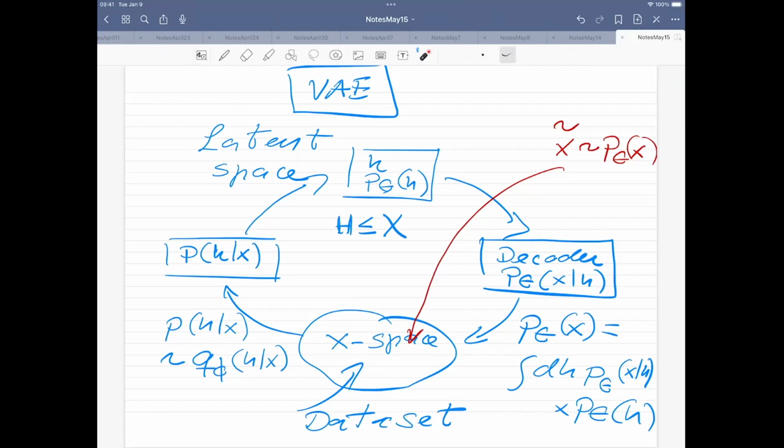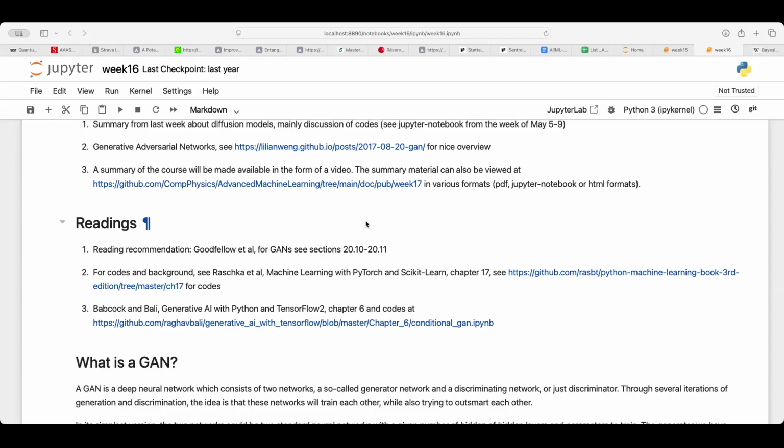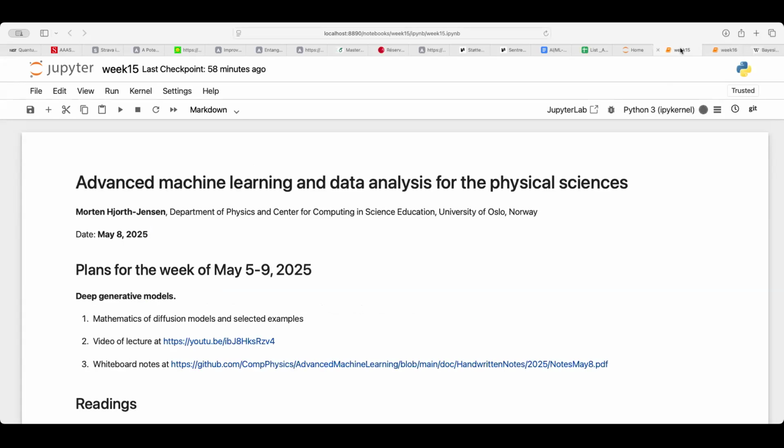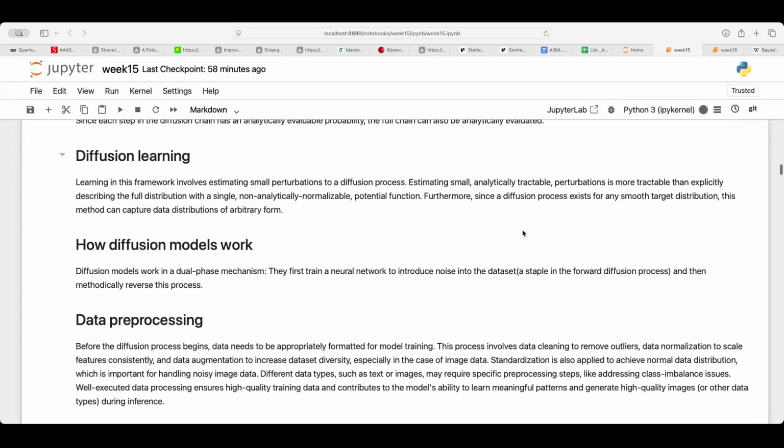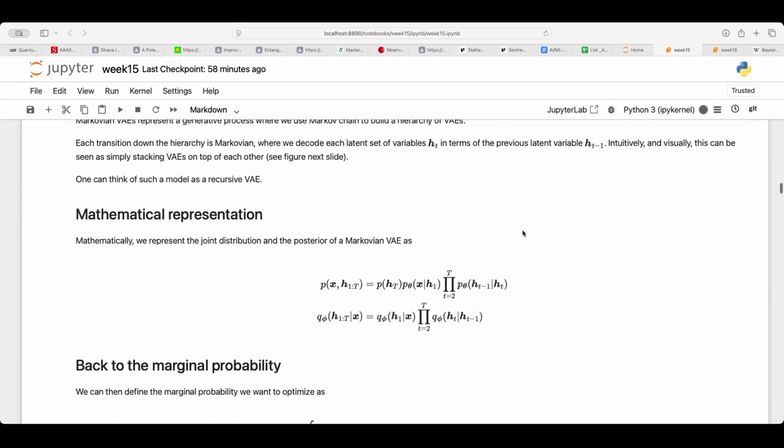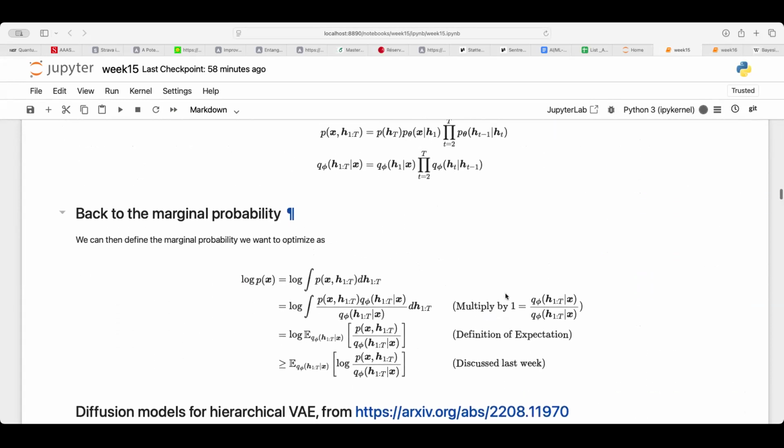So let's go back a little bit to the slides from last week and say a little bit about diffusion models before we go over to the last models this semester, which are the popular generative adversarial networks. So if we now go back to last week, I just wanted to quickly remind you of what we did then, is that when we look at these diffusion models, the basic idea is to make small stepwise changes.